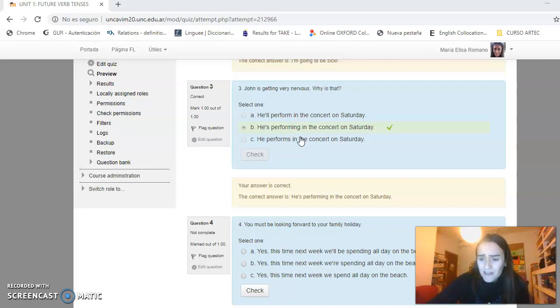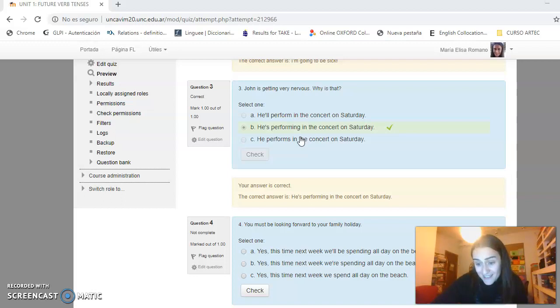We use the present continuous when we want to refer to future arrangements, especially for the near future. There's a concert this Saturday, near future, and it's something that needs to be arranged. That's why we use the present progressive.